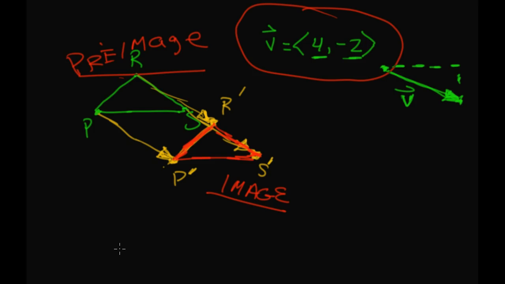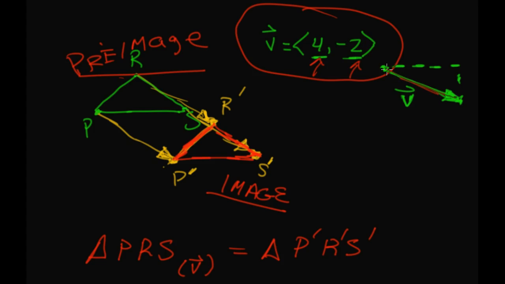So if I translate the triangle PRS over the vector V, that's giving me the triangle P prime, R prime, S prime. Okay, so this is a translation given the vector, and it basically just tells me how to slide it. It says slide it to the right 4 and down 2. Slide it along this vector, which is what we did 3 times. 1, 2, 3. And this is our result.